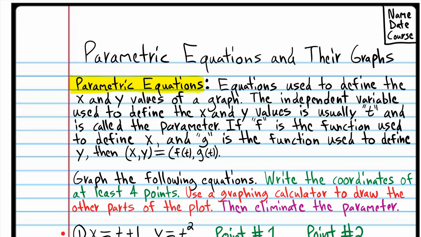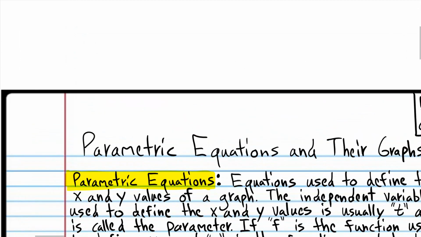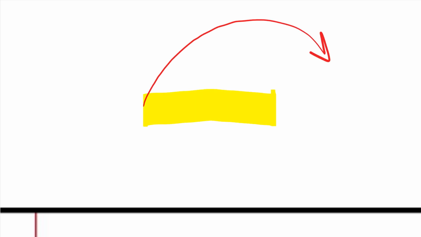And the letter that we use most commonly for the parameter is t, because in real-world examples, t is often time. One of the most famous applications of parametric equations is projectile motion. When an object is shot up into the air, the horizontal and vertical movement is described with parametric equations because the horizontal and vertical movement is dependent on time.